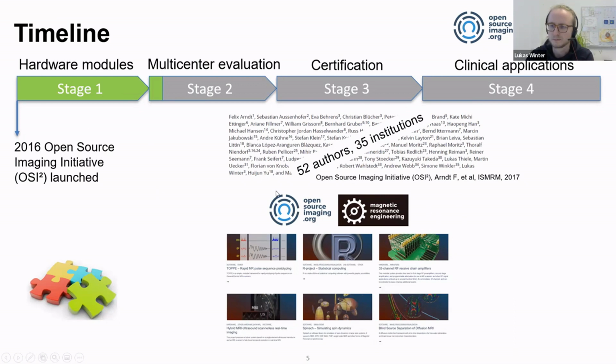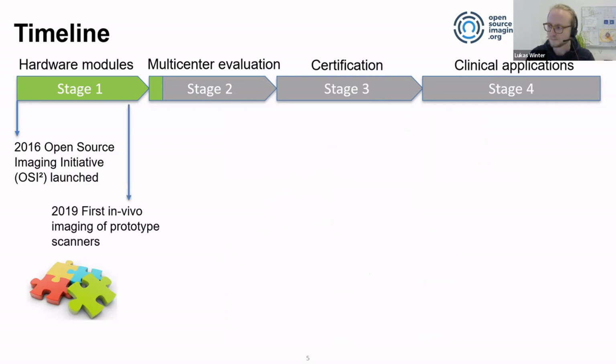We have this platform where we post open source hardware and open source software projects around the MR community, because this is an additional incentive for researchers who share their code or their designs: they get visibility, hopefully some more citations, and are motivated to also share their work.